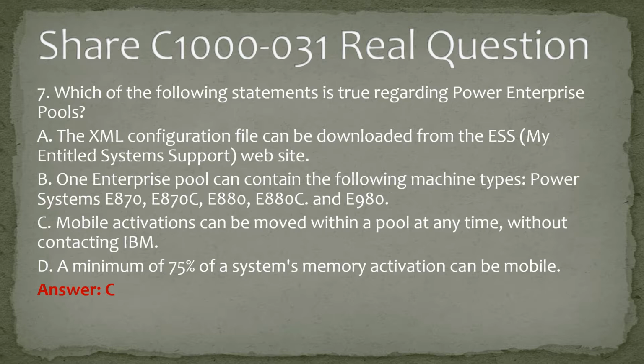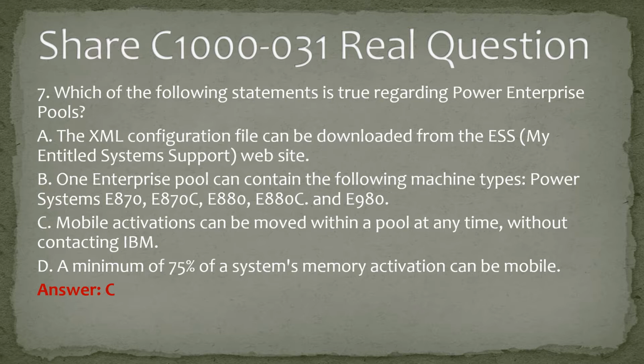7. Which of the following statements is true regarding Power Enterprise pools? A. The XML configuration file can be downloaded from the My Entitled Systems Support website. B. One Enterprise pool can contain the following machine types: Power Systems E870, E870C, E880, E880C, and E980.